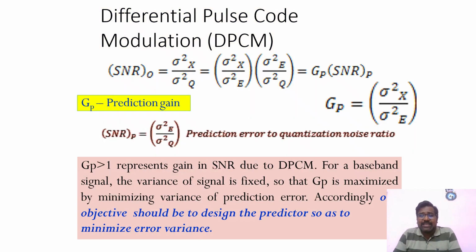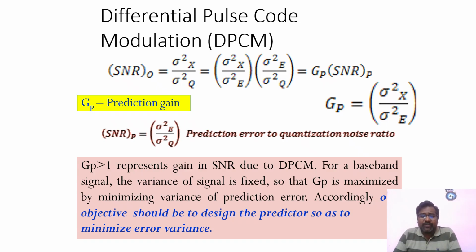Next, differential pulse code modulation SNR value. The output SNR is calculated by the equation SNR out equals sigma square x by sigma square q, where x is the input and q is the quantization noise. It can also be rewritten as sigma square x by sigma square e, multiplied by sigma square e by sigma square q.